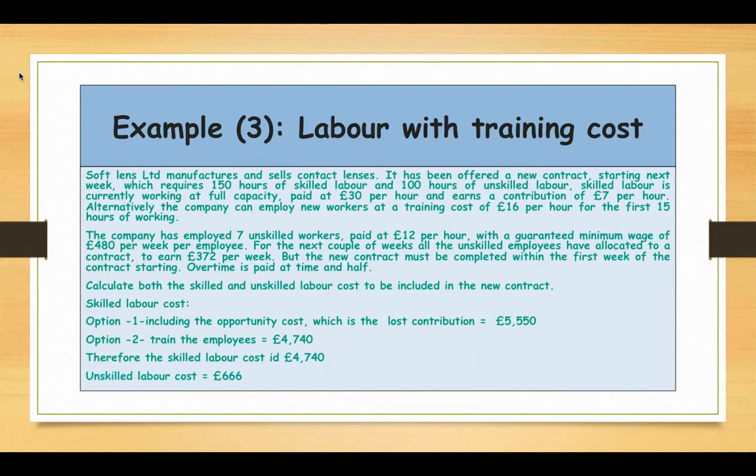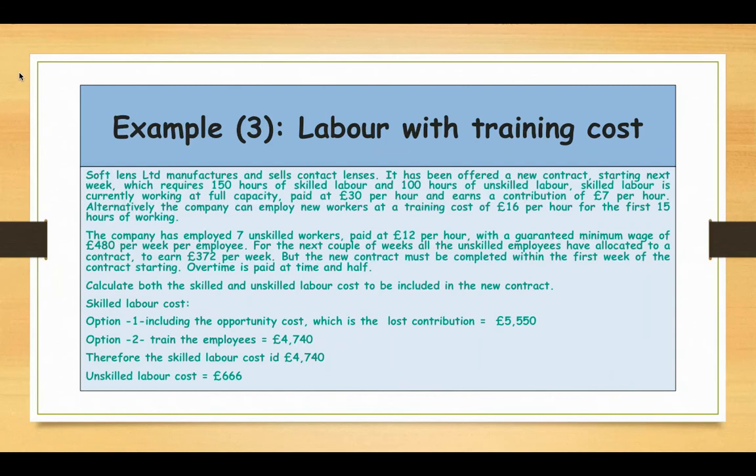So the remaining 9 hours per employee is the spare capacity. Therefore, the total spare capacity is 9 hours per employee, and there are 7 employees working, so it's 63 hours. So this 63 hours the company has.